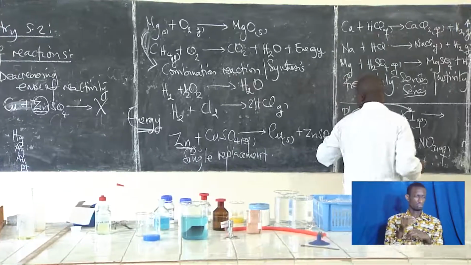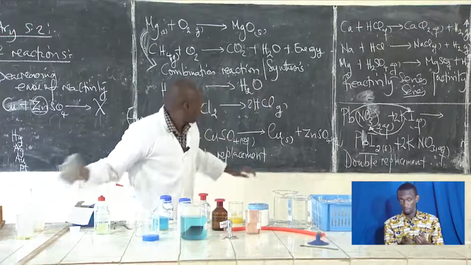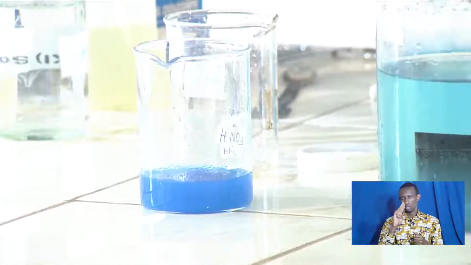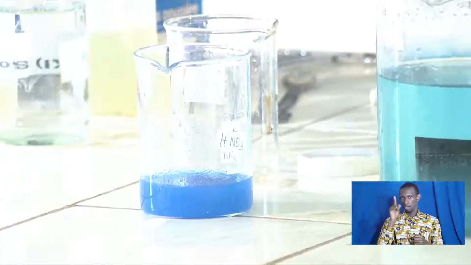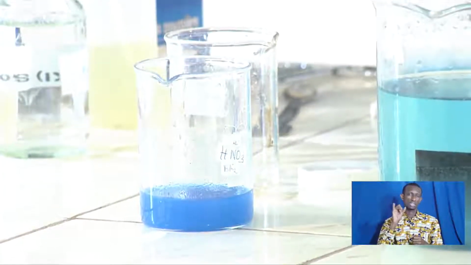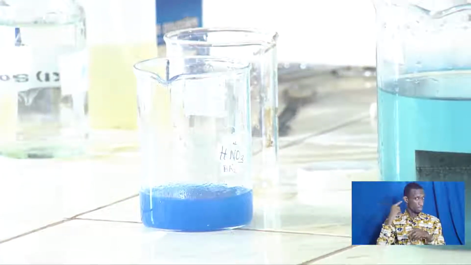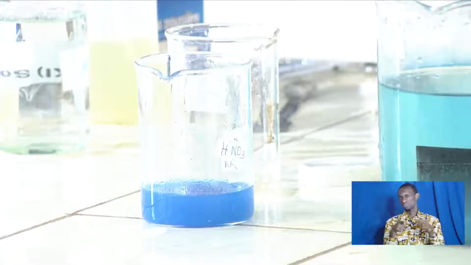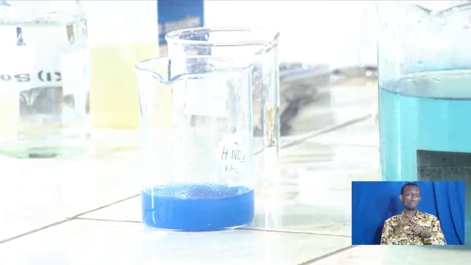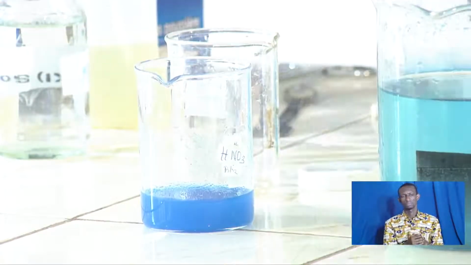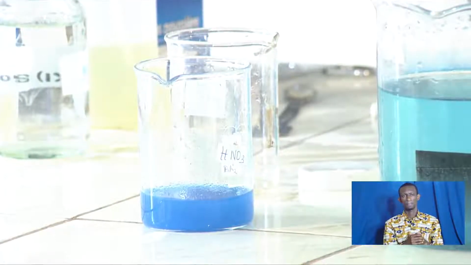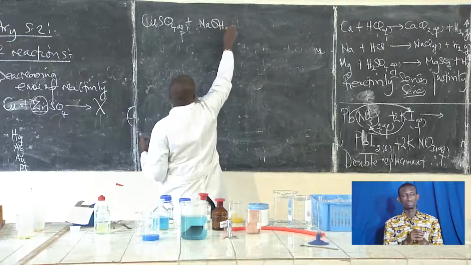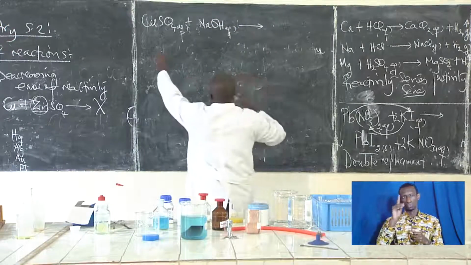So you have sodium hydroxide reacting with copper 2 sulfate. If you remember what we did the other time, we were writing only ionic equations. That is very common when we are dealing with ions. So copper 2 sulfate solution is reacting with sodium hydroxide. What does it give here?